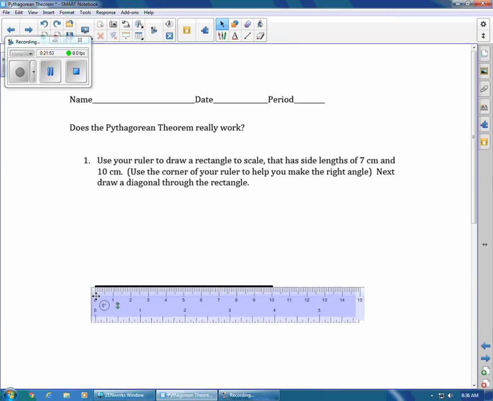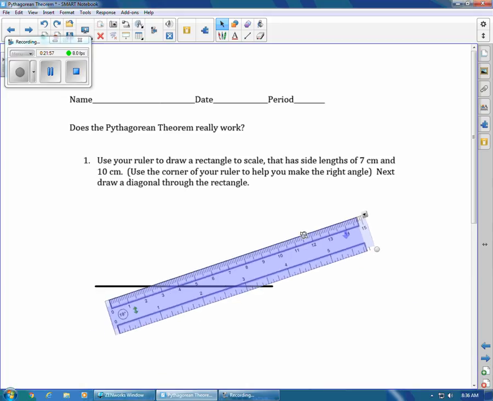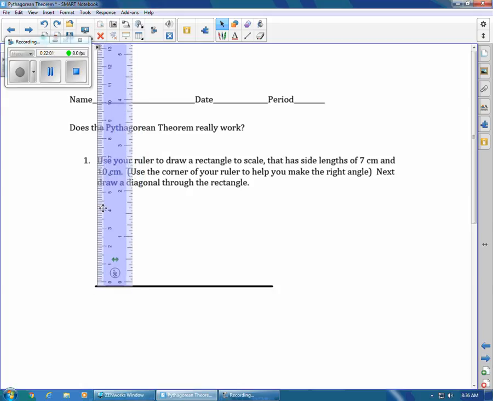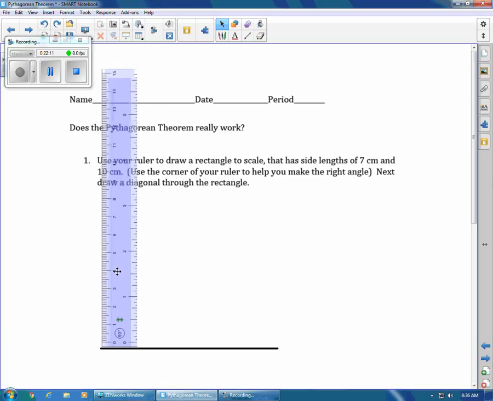And of course it doesn't want to turn now. There we go. And you can use the edge of your straight edge to help you to make the 90-degree angles. So this one I want to make, here I got to move this down more. This one I want to make 7 centimeters long. So I'm creating this rectangle.